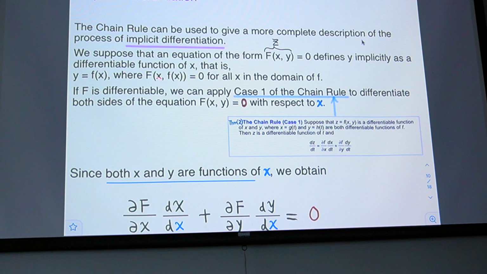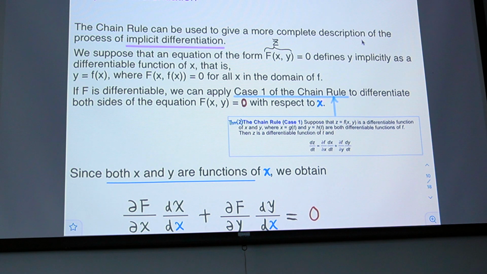If this outer function big F is differentiable, we can apply the first case of the chain rule. I put down the first case of the chain rule right here to remind you. Remember, in the first case, x and y are functions of one single variable, right?